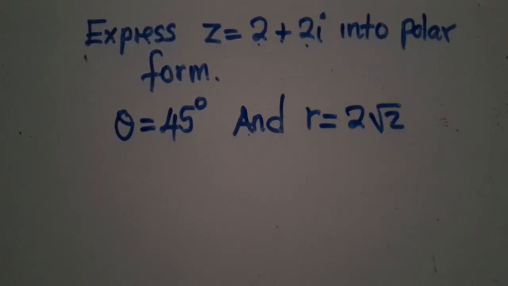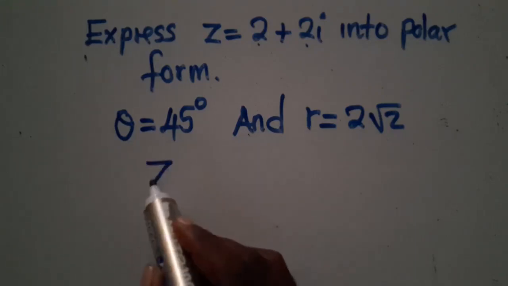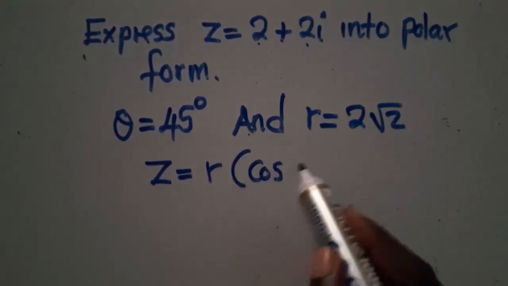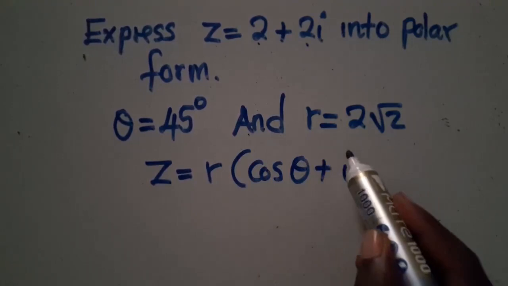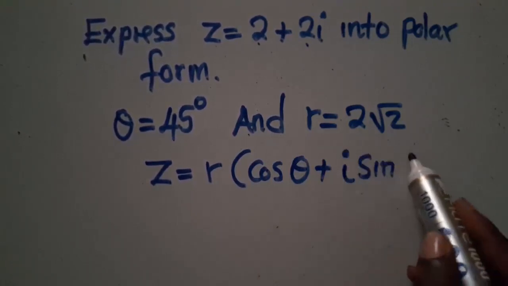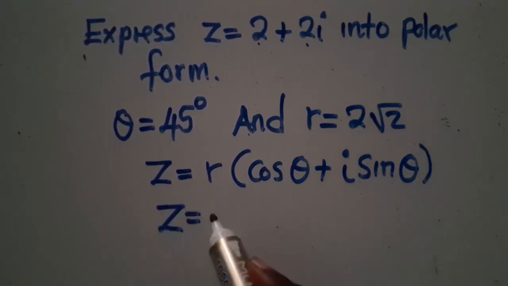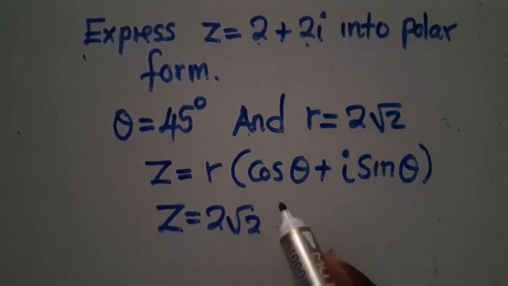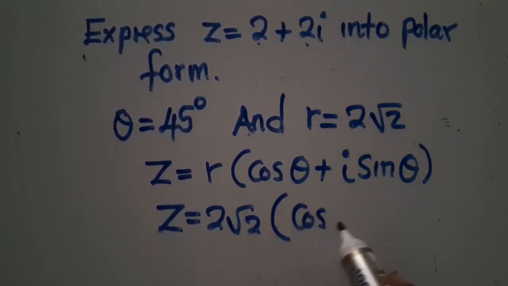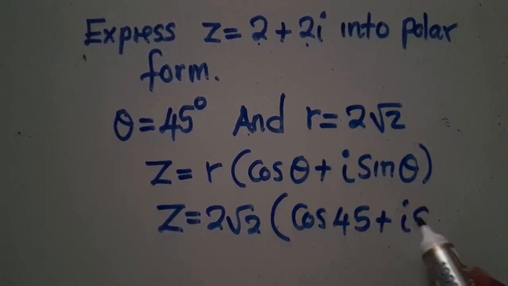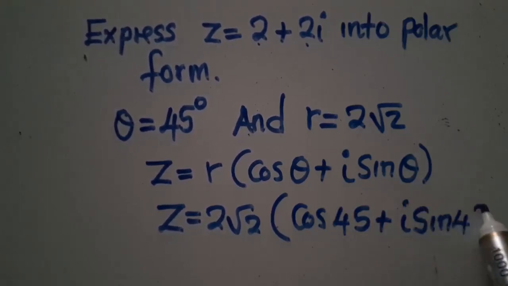Then after you find these two, you know that a complex number in polar form is written as radius, open bracket, cos theta plus i sin theta. So this is now equal to 2 root 2, open bracket, cos 45 plus i sin 45.